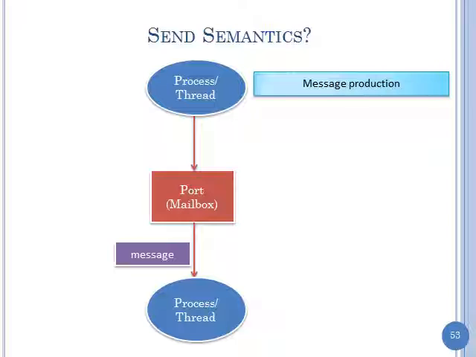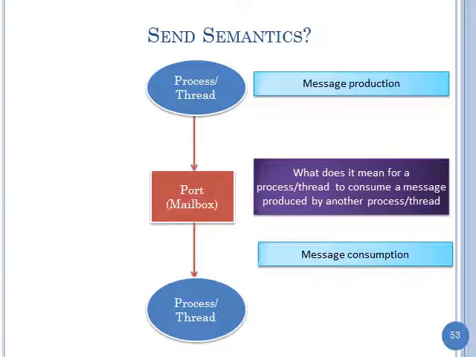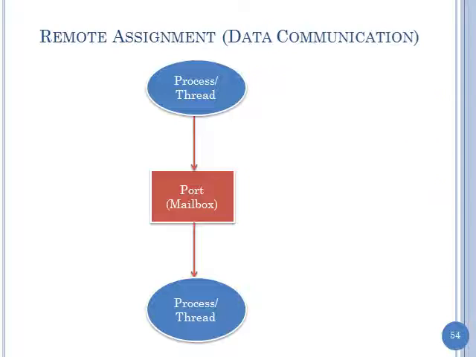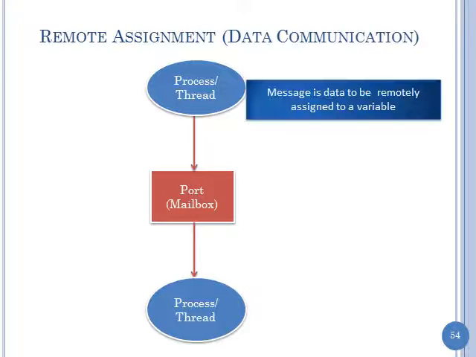I just use these pictures to show that without committing myself to what happens. And message consumption: what does it mean for a process or thread to consume a message produced by another process or thread when you're using inter-process communication? Inter-thread communication is remote assignment. A message is data to be remotely assigned to a variable. There is a variable declared in the receiving process.